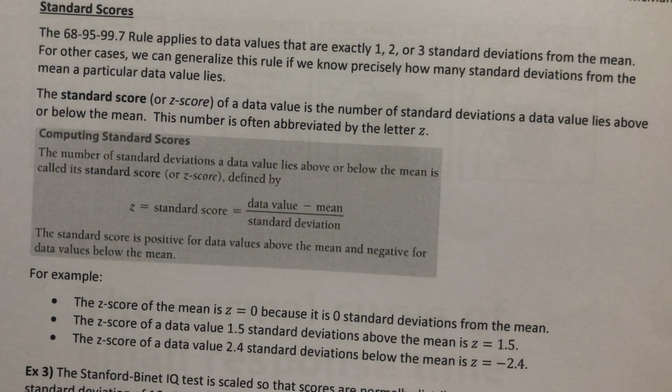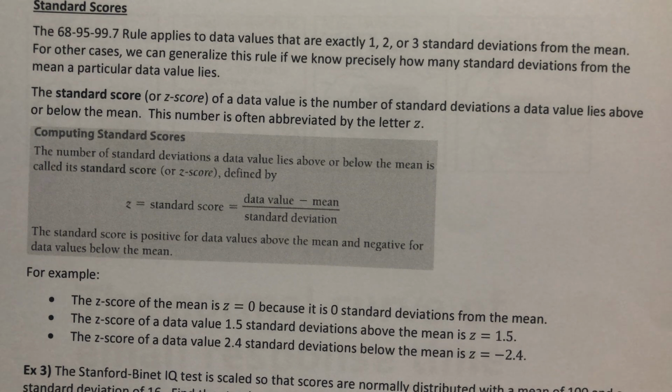This is known as your z-score. Very simple formula. You take the data value minus the mean and then divide by the standard deviation. The z-score for the mean, the median, or the mode is 0 because you have 0 deviations.